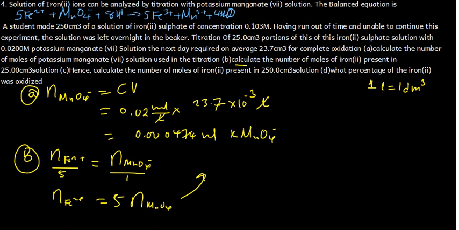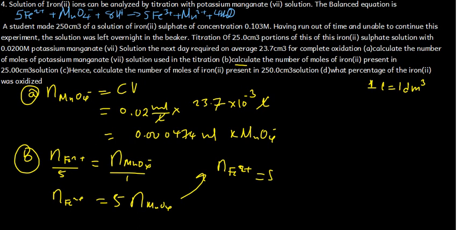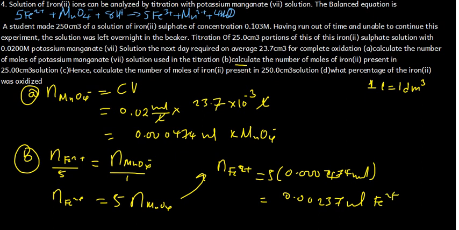And so this is going to give us number of moles of iron 2 plus being equal to 5 times the number of moles of the manganate, which we already found is 0.000474 moles. So this will give us 0.00237 moles of iron 2 plus. Okay, so those are the moles.